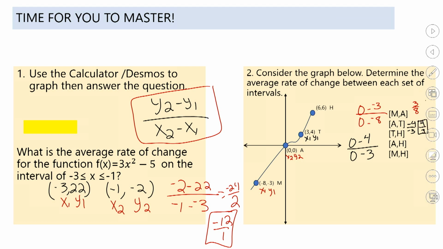Good job. All right, let's look at the next one. I've got T to H. Since I have my T as labeled 1, I'm going to label my H as 2 and go ahead and plug that in to my problem. So I have 6 minus 4 and 6 minus 3, and I'm going to get, what is it? Yes, 2 over 3, which is positive.